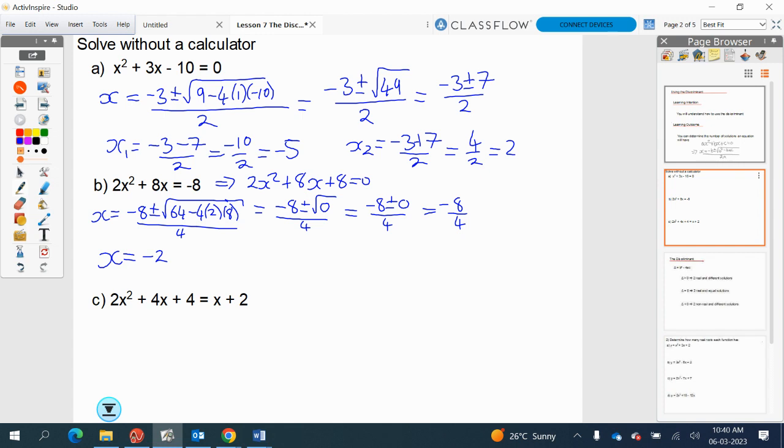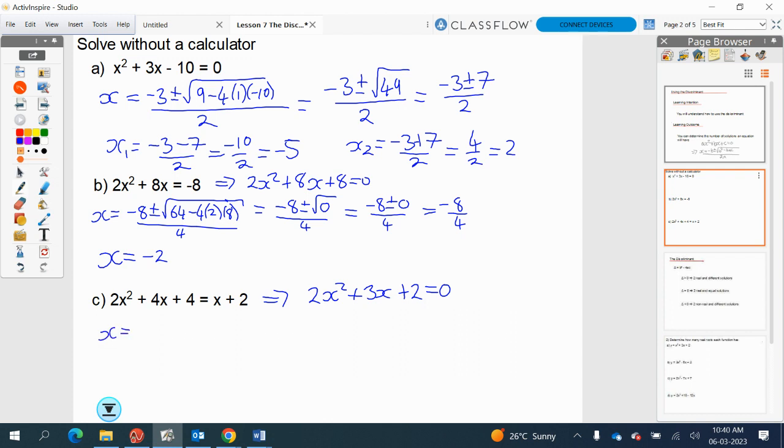Our last equation, the first thing we need to do is to rearrange it to standard form. We can move this x across to the other side by subtracting x from both sides. This is 2x squared plus 3x. We can move the 2 across to the other side by subtracting 2 from both sides. That gives us 4 minus 2, leaving just 2, is equal to 0. Put this into the quadratic formula.